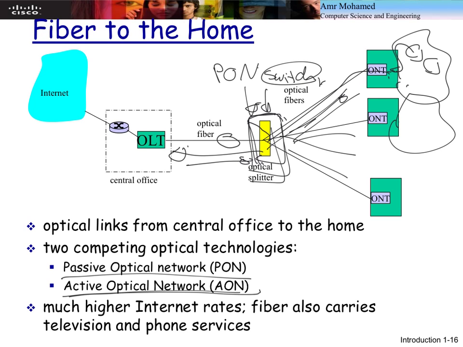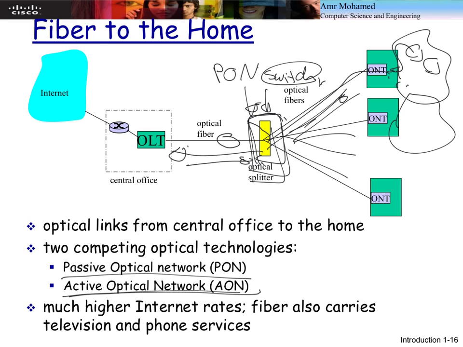So the idea here is that when we push the fiber optics closer to the house, we will create a sustainable access network which can carry a variety of traffic from different services from the home network to the core network. But this is an infrastructure that was built specifically for this purpose.